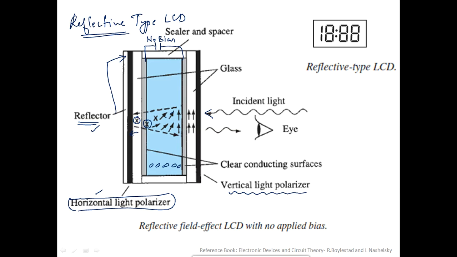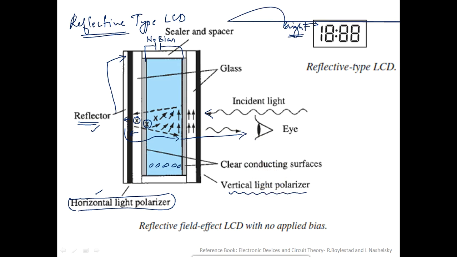If it was vertical, then the horizontal components would have been blocked, but since it is a horizontal light polarizer, the horizontal components will be allowed, which fall on the reflector. The purpose of a reflector is to reflect entire light signals. So the entire horizontal components will be reflected back, and the same thing will appear here. So the point is, the entire display appears to be bright.